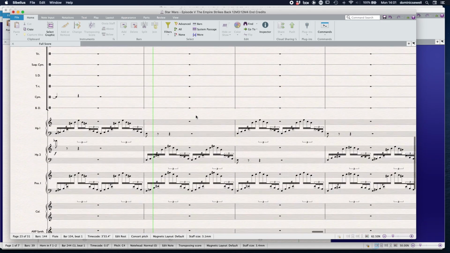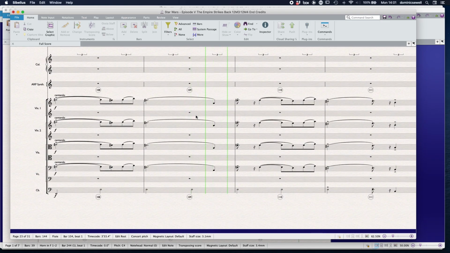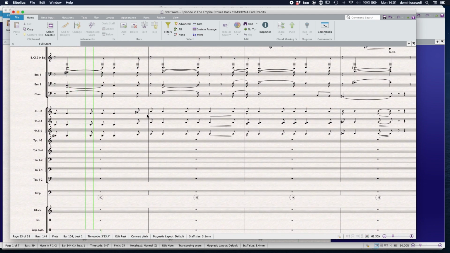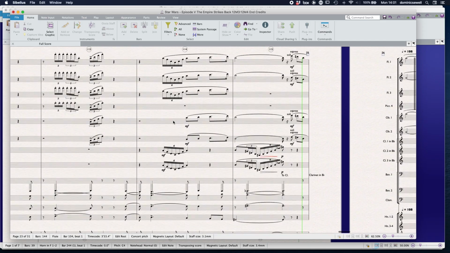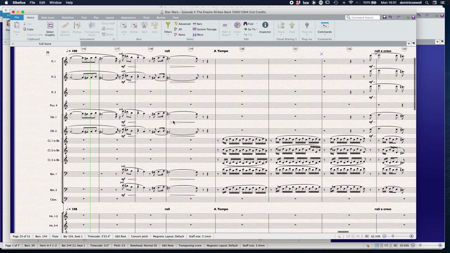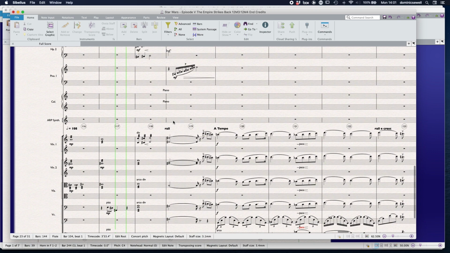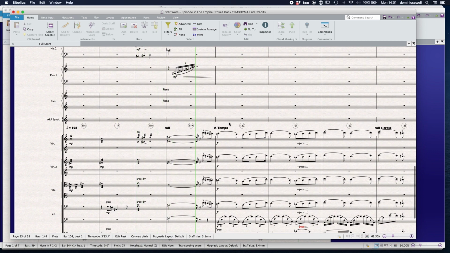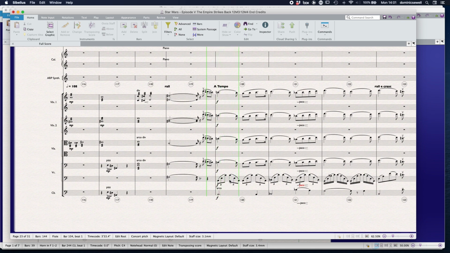Back to Harmonic Minor theme. The emotional heart of the film. Those horns. The cellos.